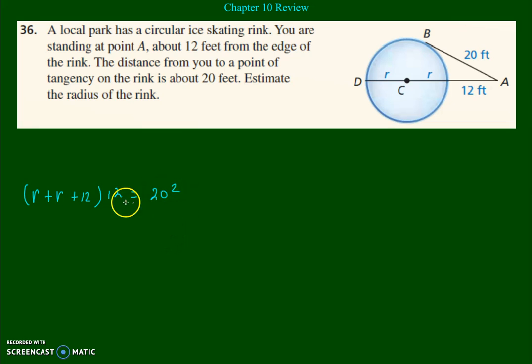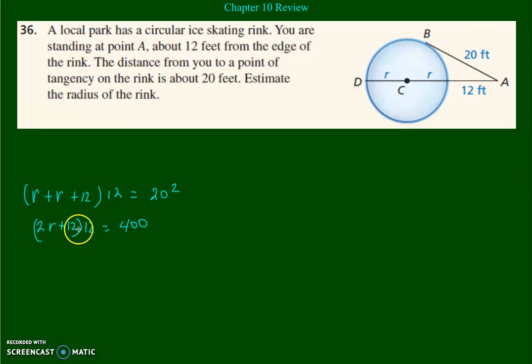All right, let's see what this equals. We can simplify this. r plus r is 2r, plus 12, times 12 equals 20 squared, which is 400.